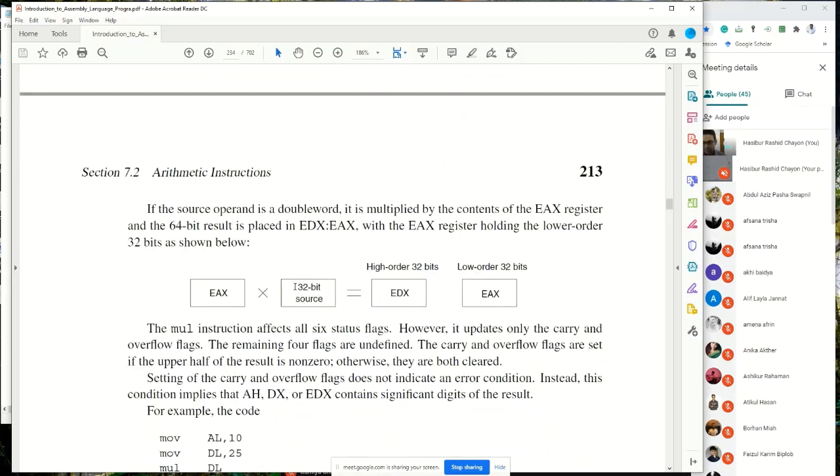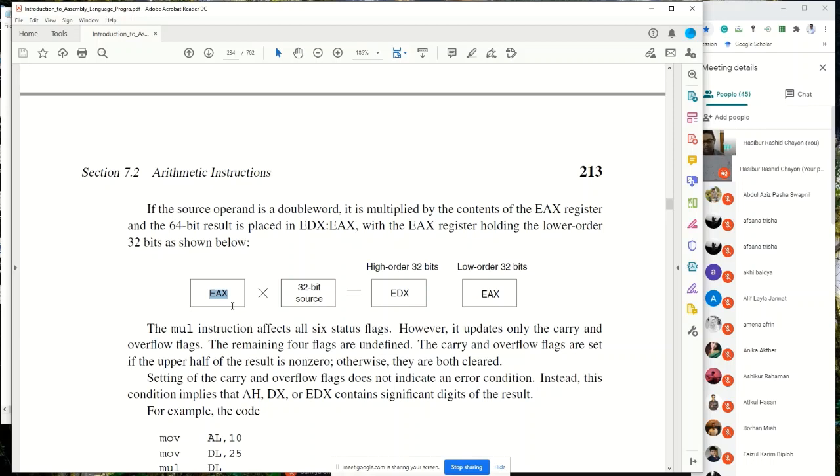If your source of multiplication is 32-bit, the assembler assumes the other operand is stored in the EAX register. I hope you know what the EAX register is: it is the first register in the Pentium data registers, the accumulator, EAX. So for this multiplication we actually use two registers: EAX and EDX. EDX is the data register, EAX is our accumulator register.